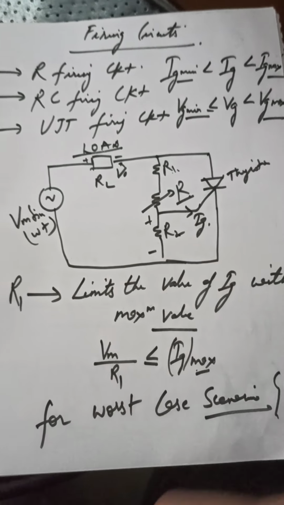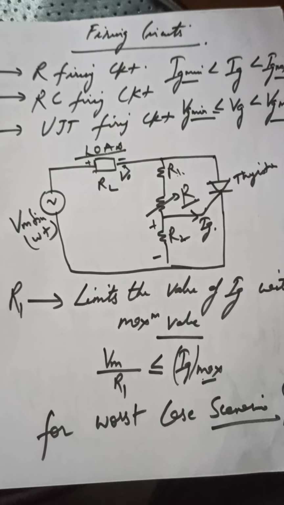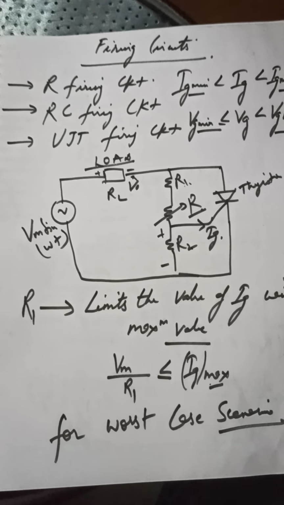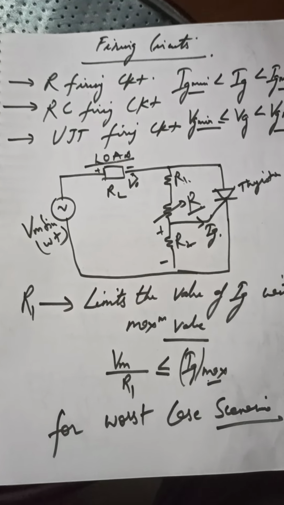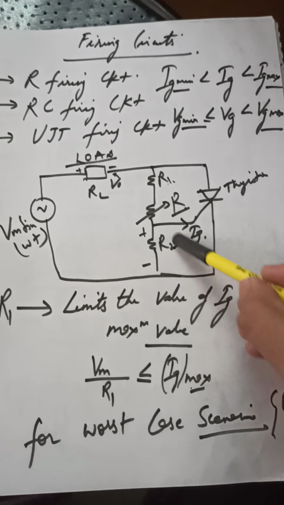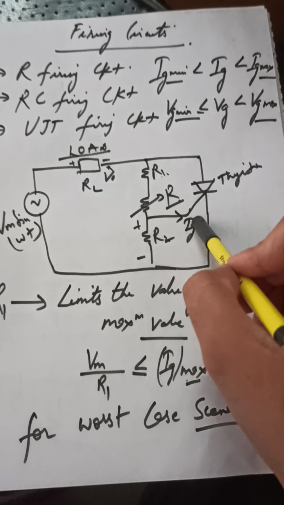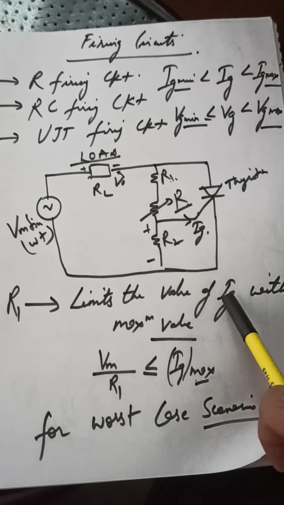I think this is quite clear. That's why we have to keep these resistances very high. If these resistances are very high, then we can be sure that all the current will follow this path of the thyristor. Okay, clear? Now moving on to the next part.